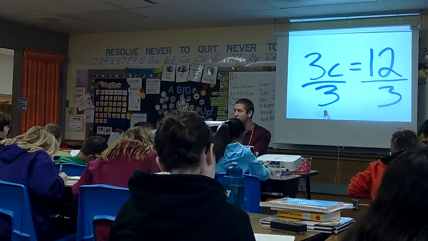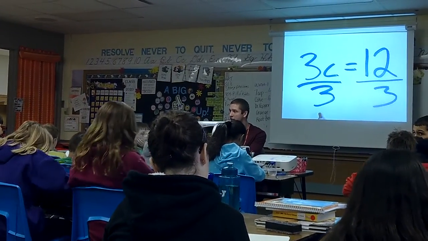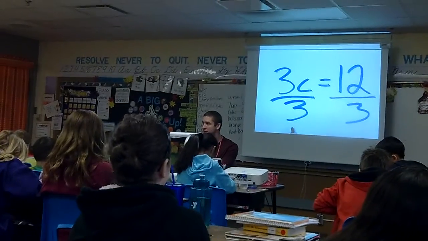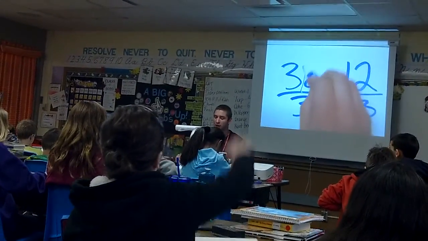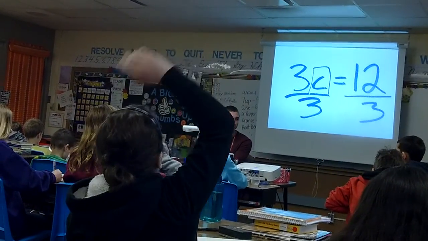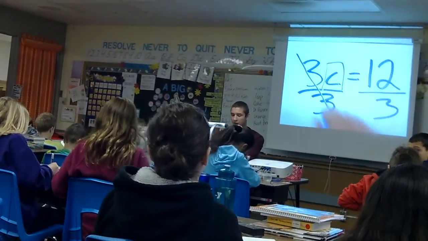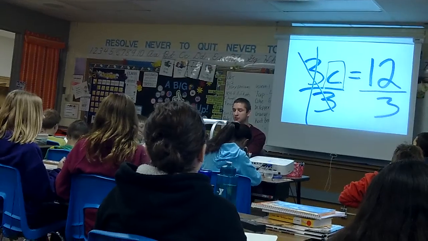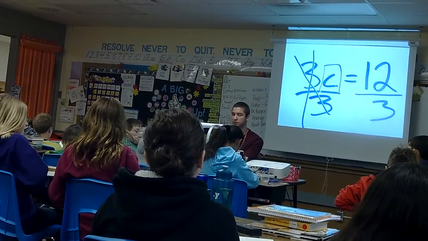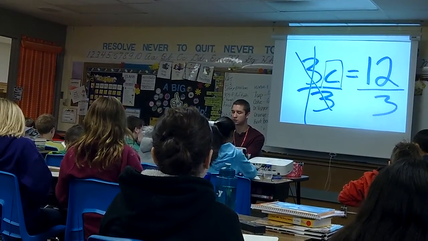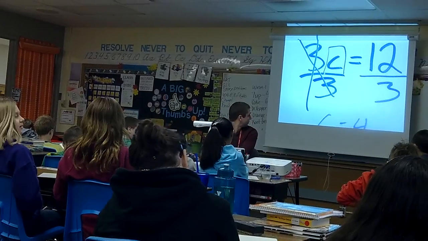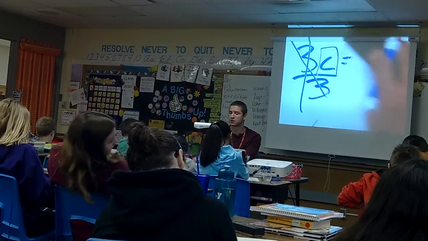We've got to divide by 3 on both sides to get the variable by itself, correct? Does everybody remember that? We want to get the variable by itself. And the 3 and 3 cancel each other out. There you go. And then 12 divided by 3 equals 4. And C equals 4. Okay, let's do another one.